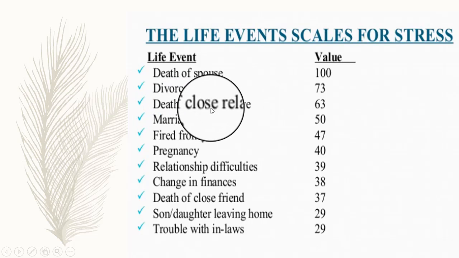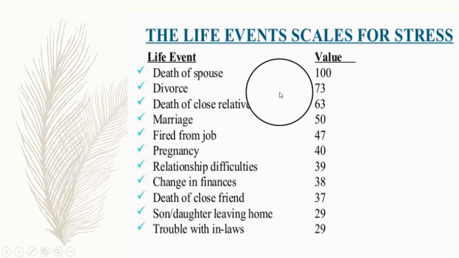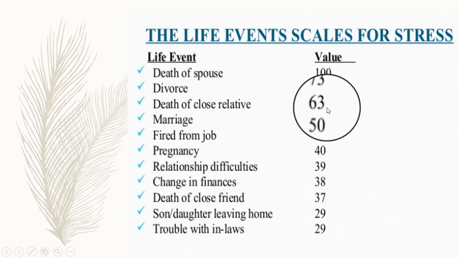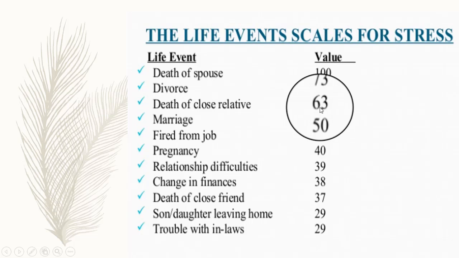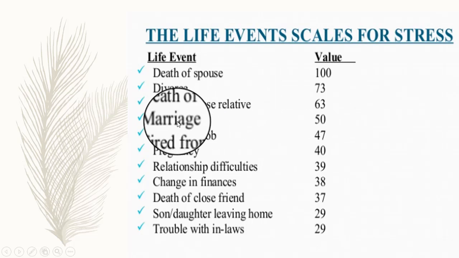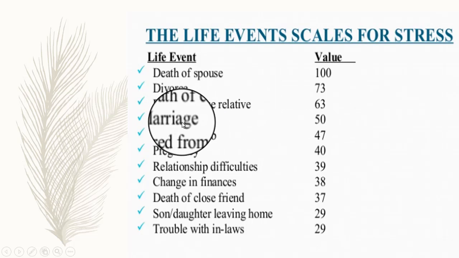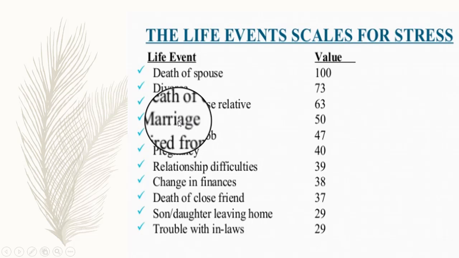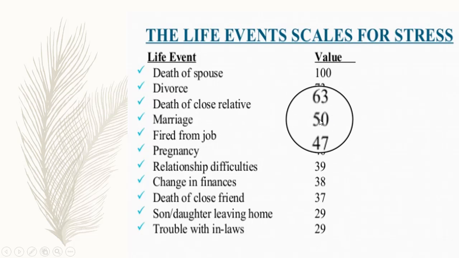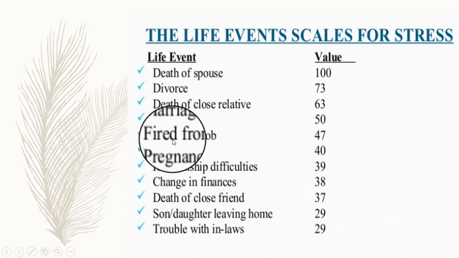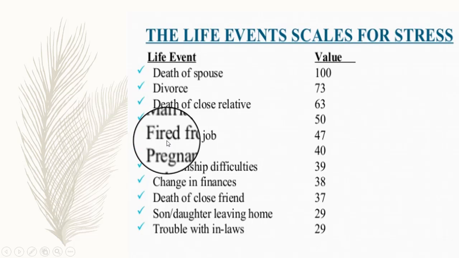Third life event, death of a close relative. The person will suffer 63% stress. Next, marriage. A person has recently married someone. It doesn't matter whether it was a love marriage or an arranged marriage. How will it affect their life? It will cause 50% stress in their life.